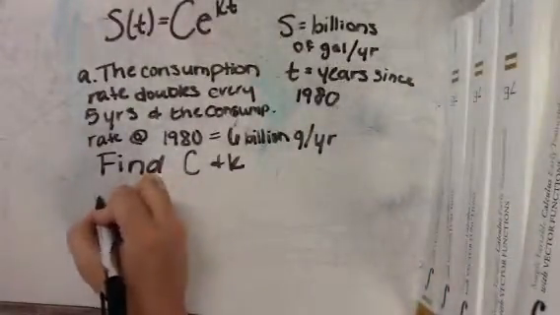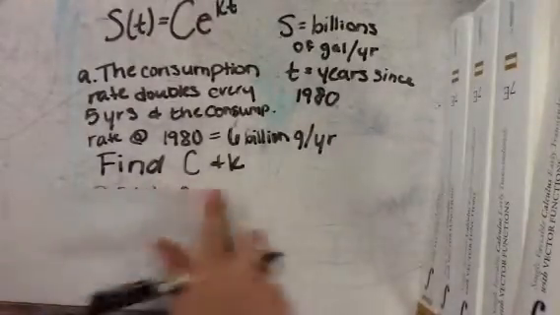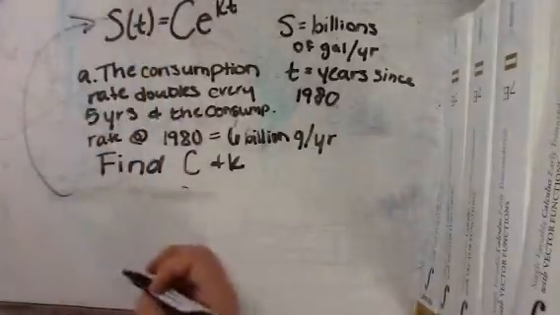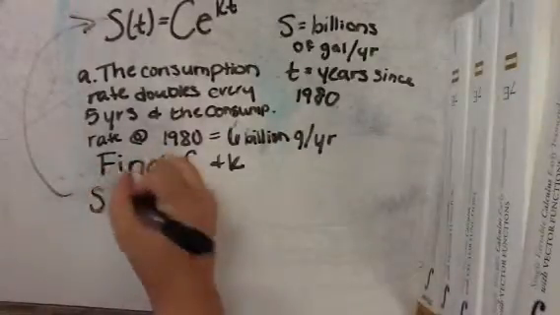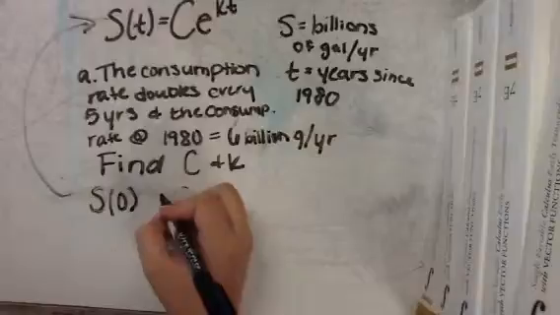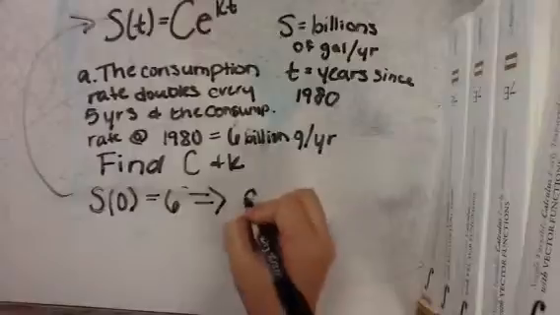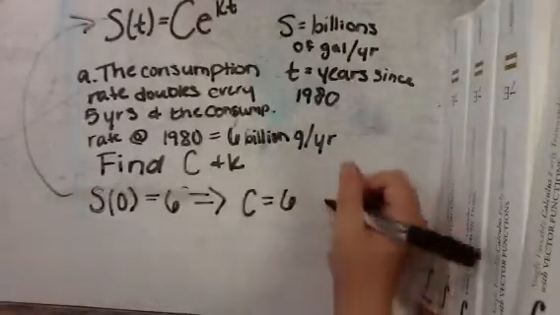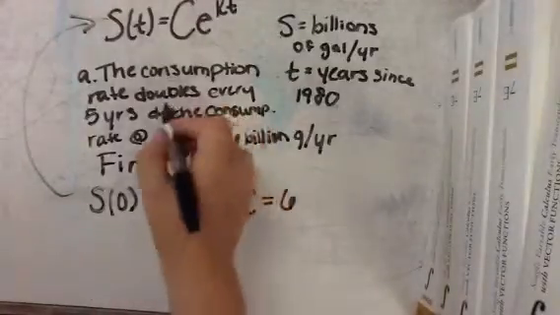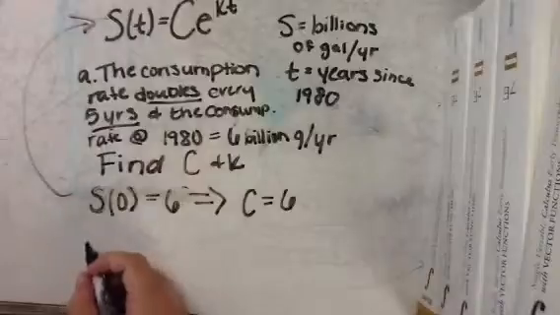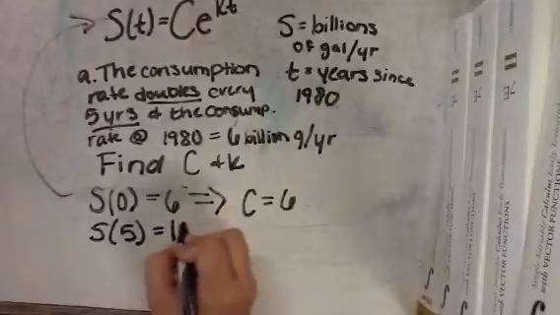Okay, so first we use this equation, and at S of 0 it equals 6. So therefore we can assume that C is equal to 6 because e to the 0 is 1. Now we plug in S of 5, and that equals 12.